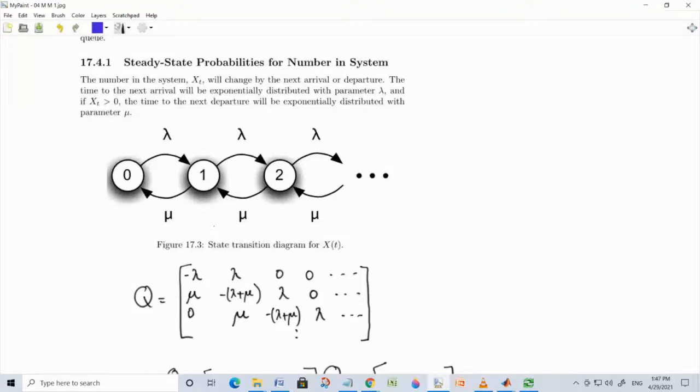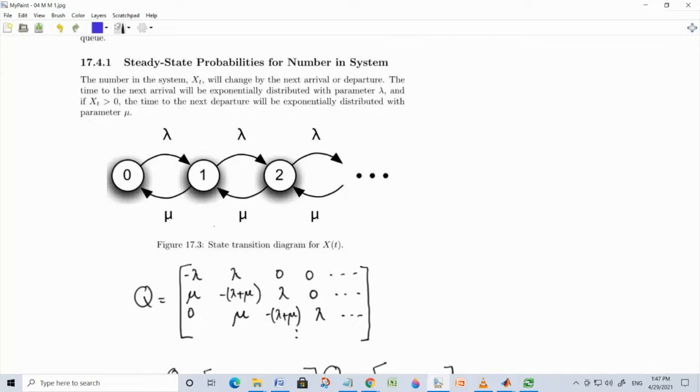Suppose that the arrival process is a Poisson process with parameter lambda, so the inter-arrival times are exponential with parameter lambda. This system can be modeled as a continuous time Markov chain. Specifically, it is a birth-death model.